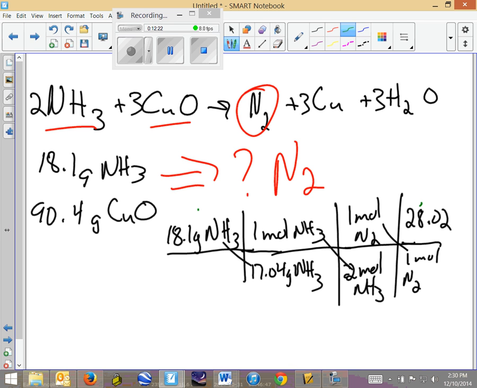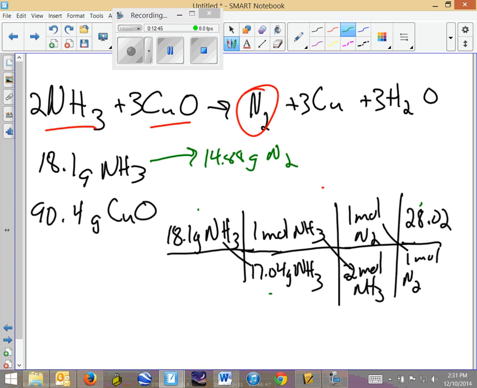So I'm going to divide that by 17.04 times 2. And that gives me 14.88. So from this amount, I could get 14.88 grams of N2.